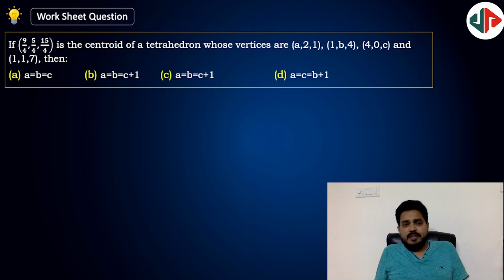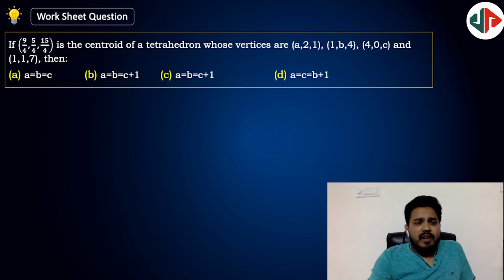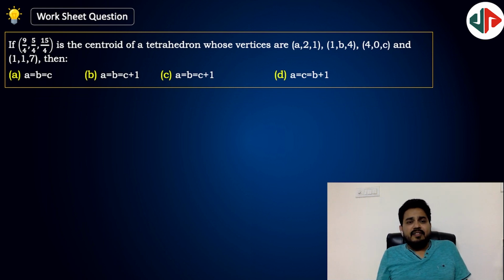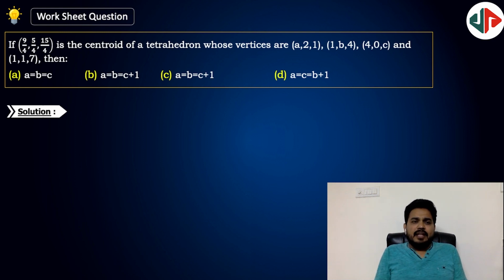Next question is: a point is given which is the centroid of the tetrahedron whose vertices are these. So what are the A, B, C values? A plus 1 plus 4 plus 1. So 1 plus 4, 5, plus 1, 6. So 6 plus A is equal to 4 times this, that is 9.